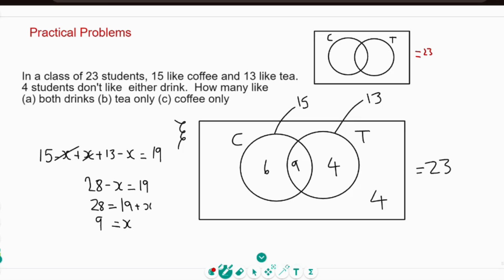And we know our coffee is 15 and our tea is 13. If you add up at the moment your coffee and your tea, you get 28. But we know these 3 need to add up to give us 19 because 23 take away 4 is 19. So because they add up to 28, we want them to be 19. We've got like 9 extra. So the extra goes here.